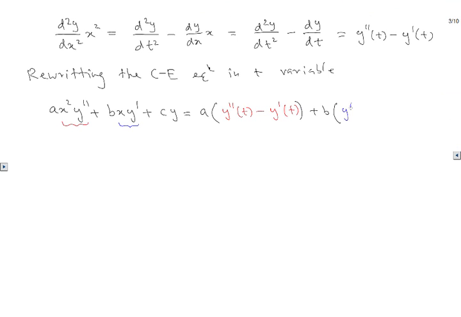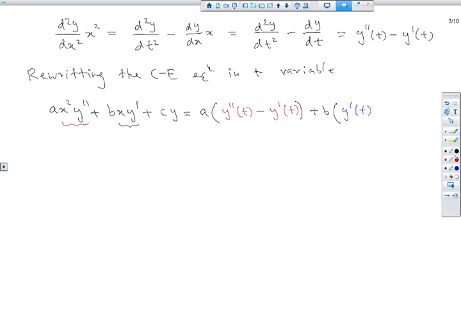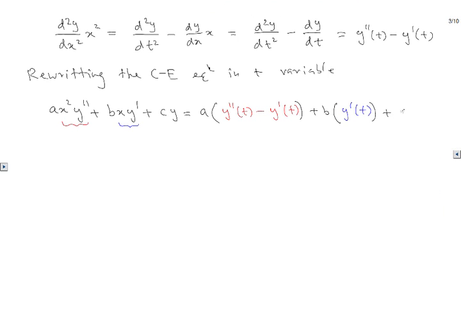So this is y prime t, so that's what you get, plus c, and it was a function of x before, now it's a function of y, so it is c y t. So if you collect the terms, you can write this as a y double prime t, and then you can combine the y prime terms, so you get b minus a y prime t plus c y t. Now we know that originally this was equal to 0, so this is equal to 0.